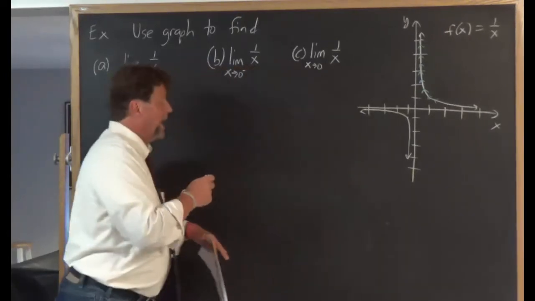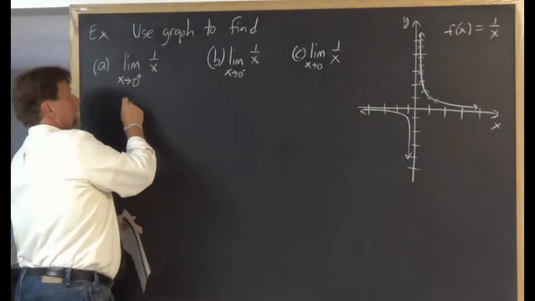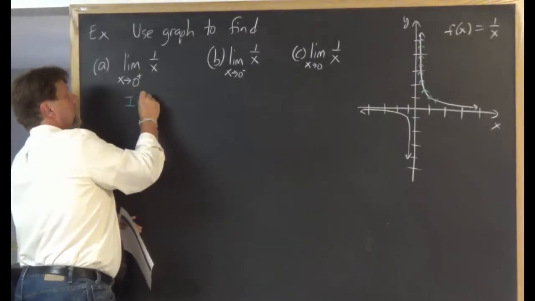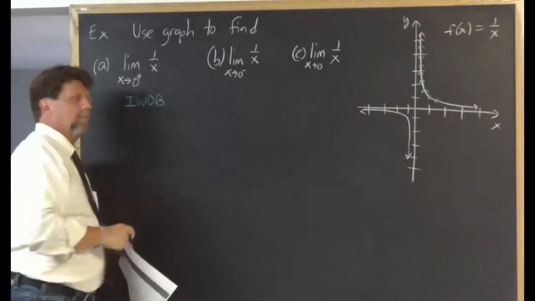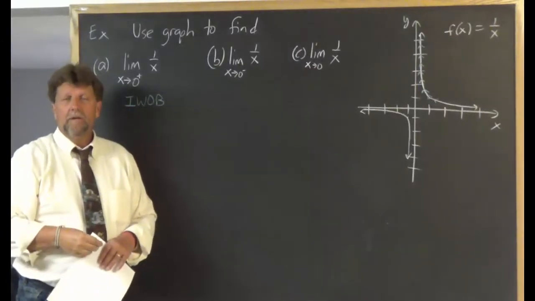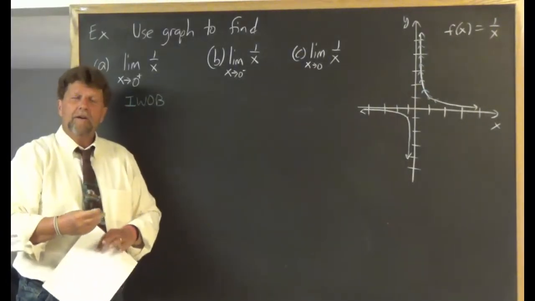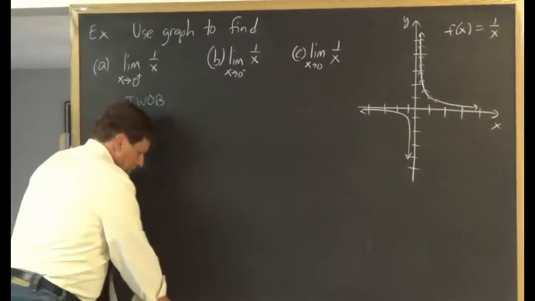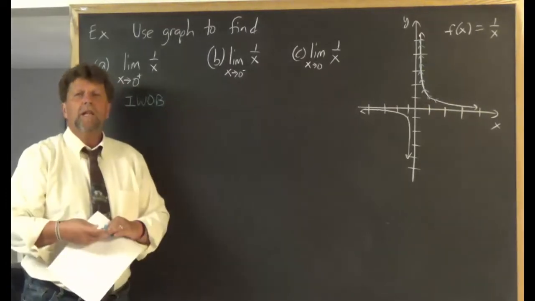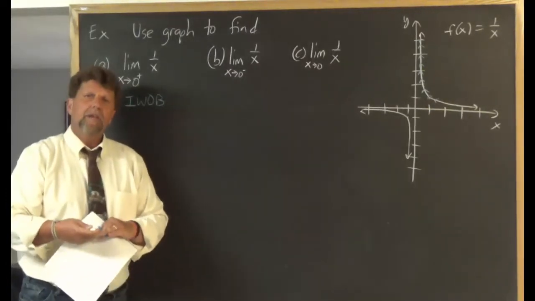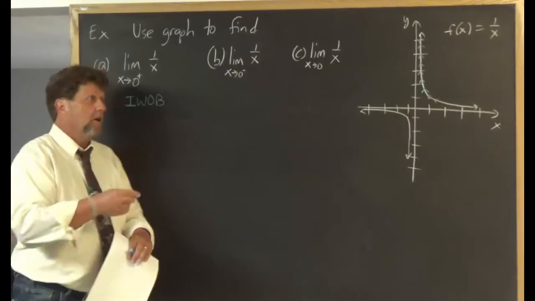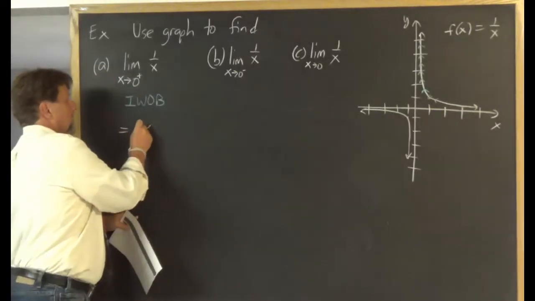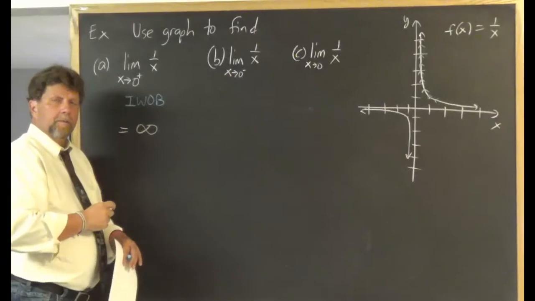So we could say that this limit is increasing without bound, IWOB. Now in mathematics, what we use to symbolize the concept that something is increasing without bound is the infinity symbol.